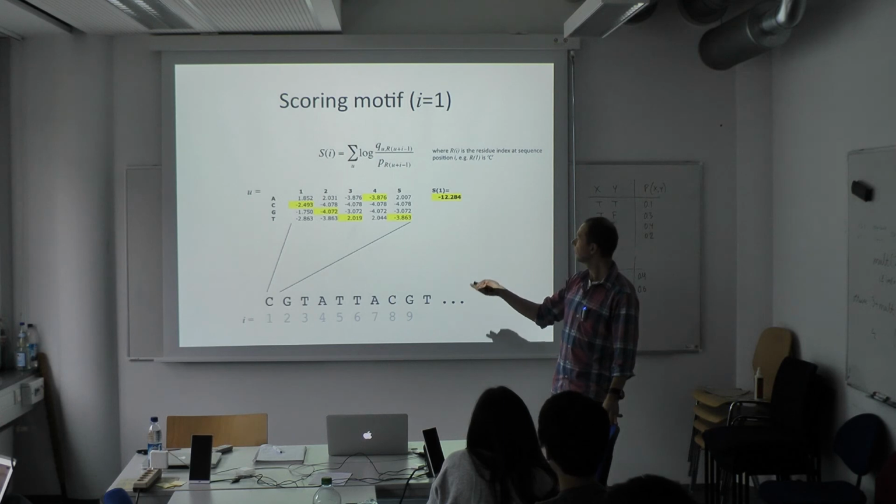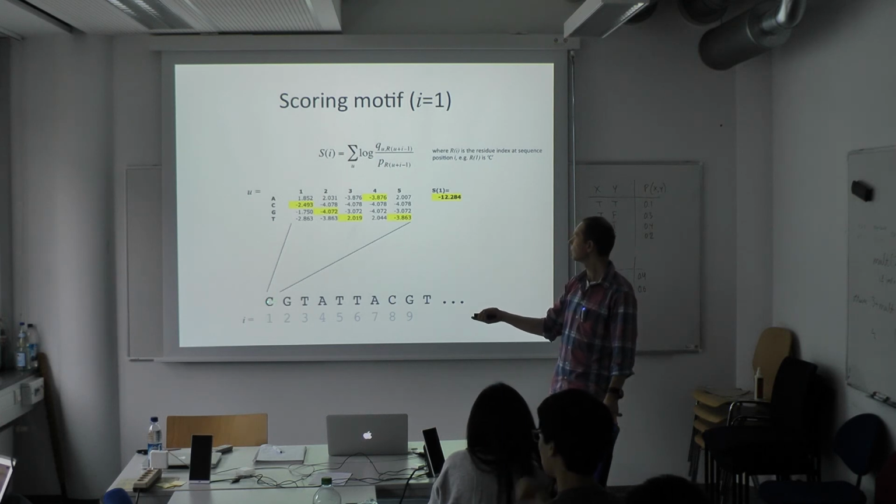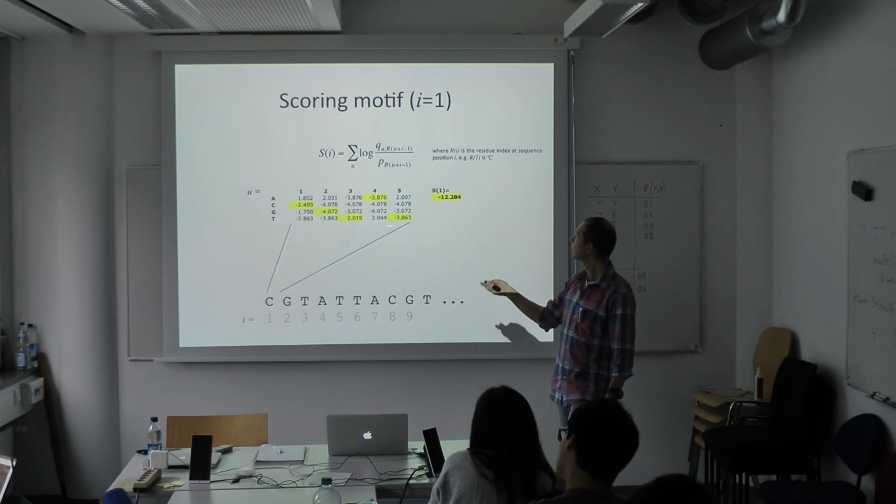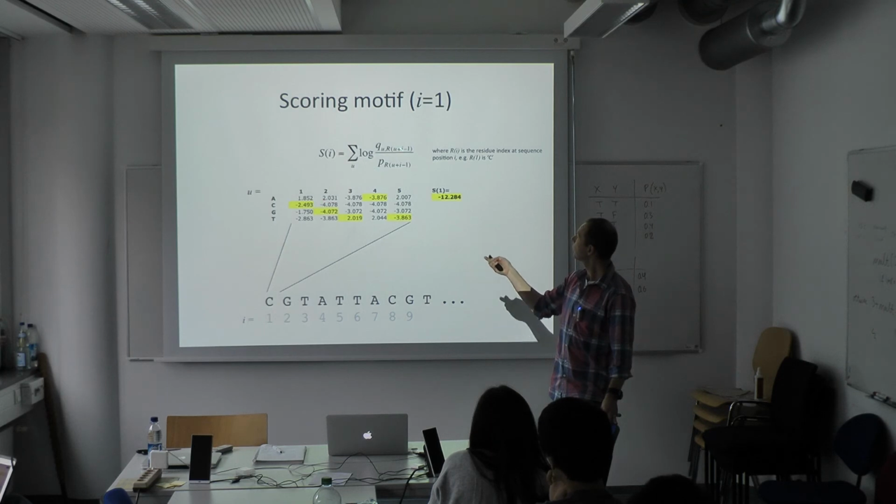So when we look at sequences, in a particular position of a sequence, in this case here, I'll take this scoring matrix, and I'm going to take the values, which are these log transform values that we see in the matrix.